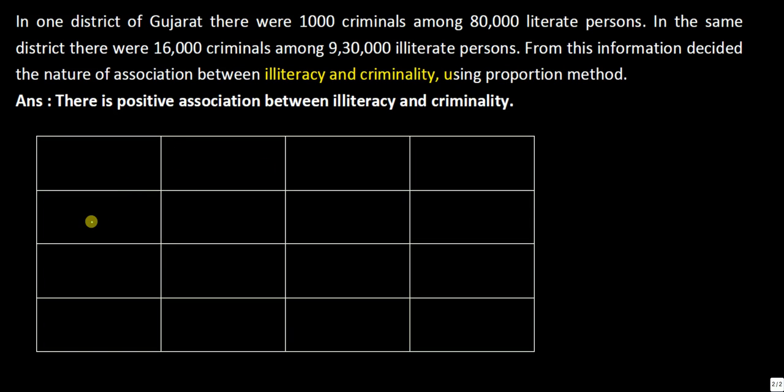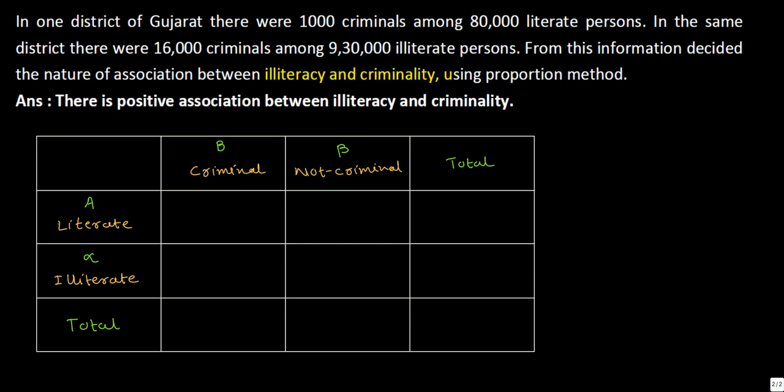First, write down A, alpha, B, and beta, and total. Here also we have to write total.